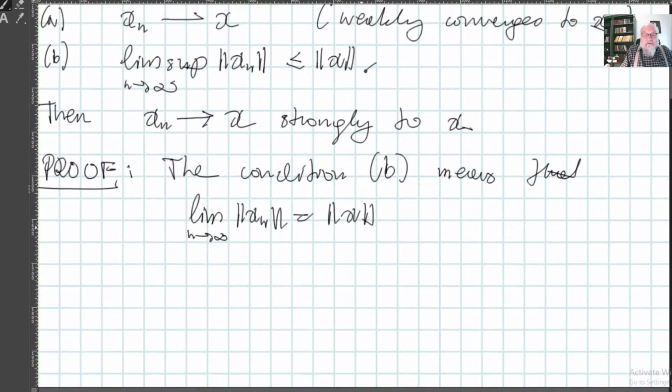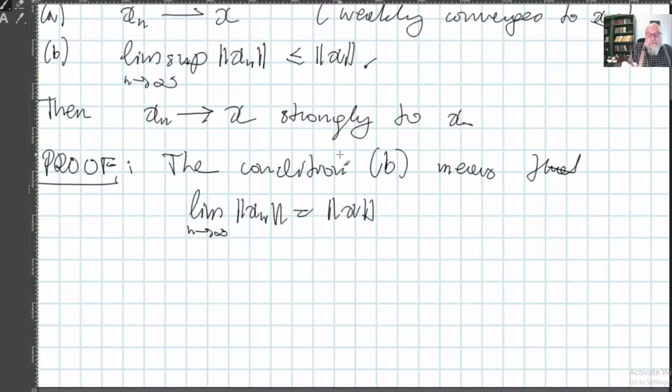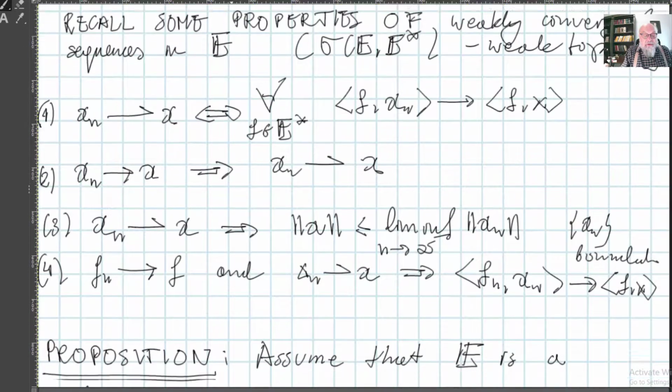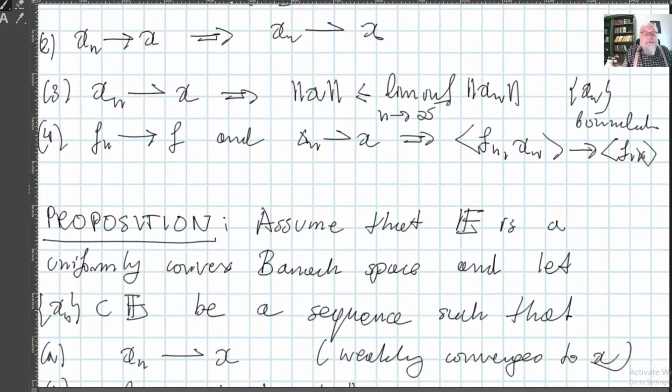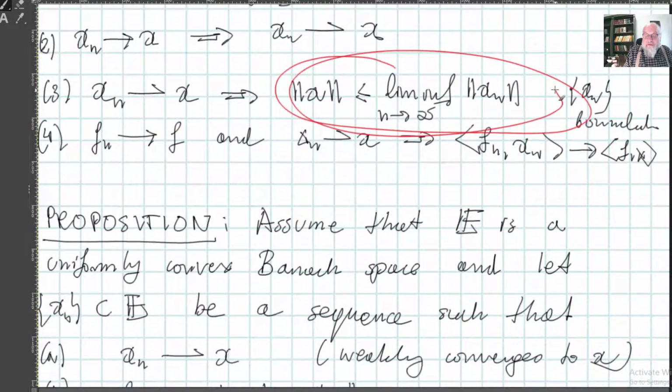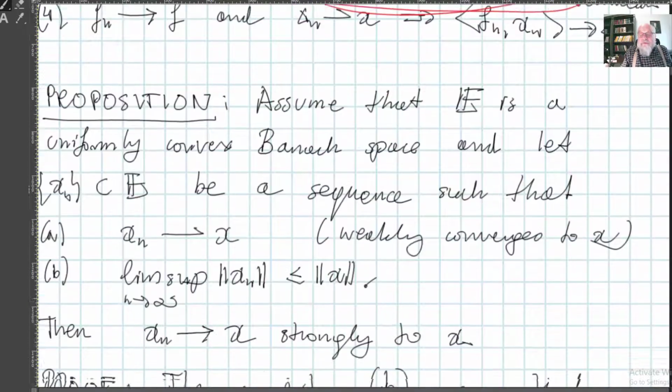Okay, look, what do we have? Here we have a couple of properties. First of all, remember this one: this inequality is always satisfied. And we also have another inequality, the limit supremum. So let's write it down.